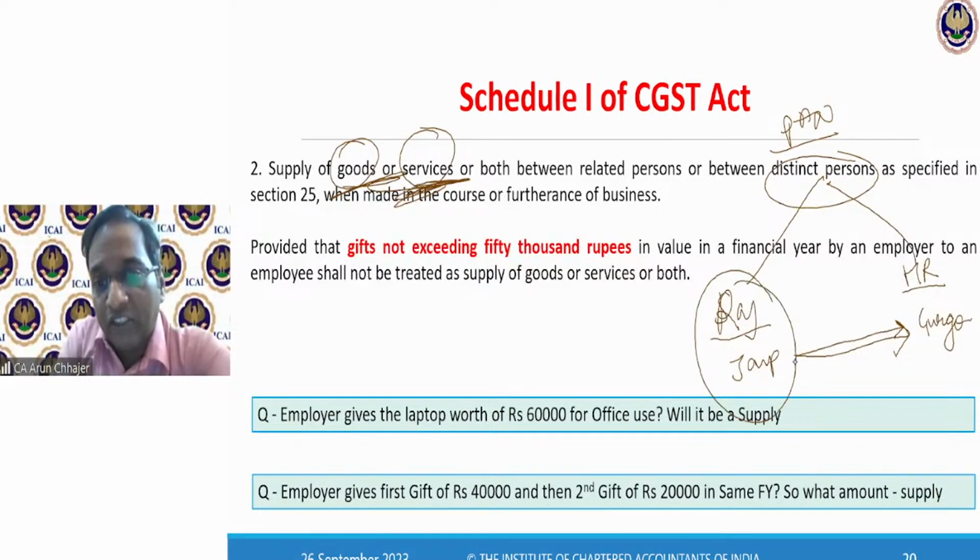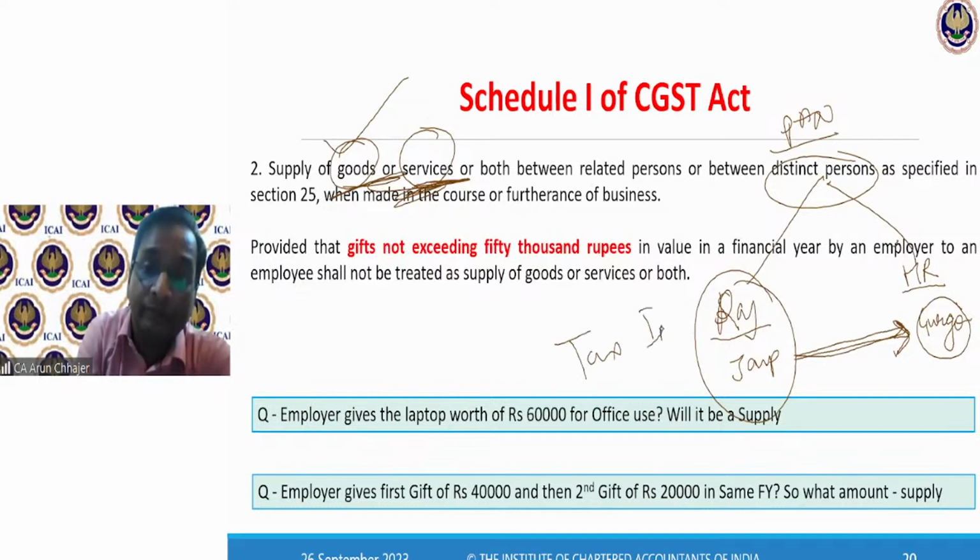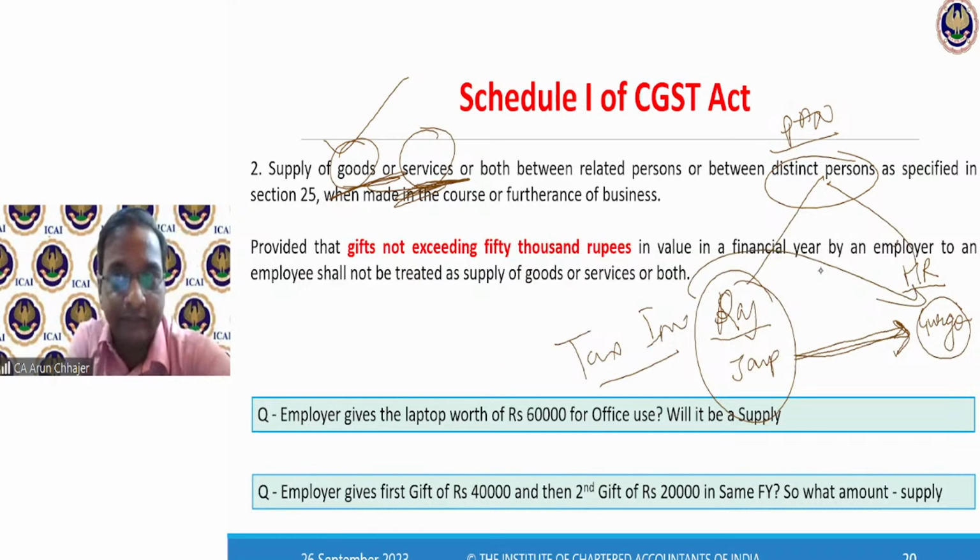So, transfer of stock from Jaipur to Gurgaon, one PAN, multiple GST, it is a supply. The tax invoice will be raised by the Rajasthan GST number to the Haryana GST number.